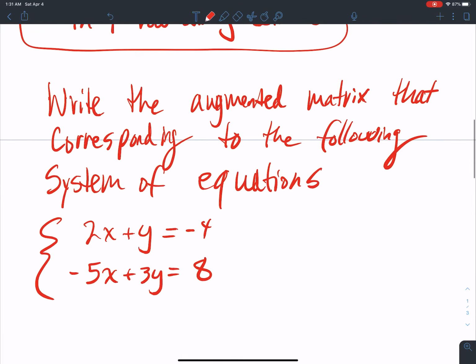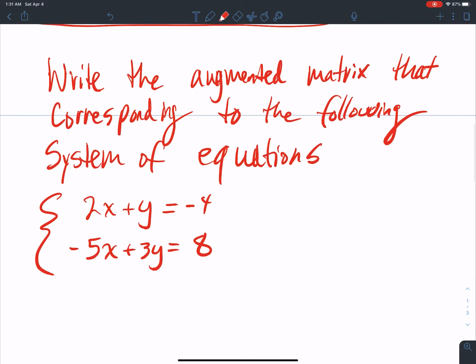Now, when you're going to do an augmented matrix, the first thing you need to do is make sure your variables line up, your constants line up, and your equal signs line up. So my x's are together in a column, my y's are together in a column, my equals are together in a column, and my constants are together.